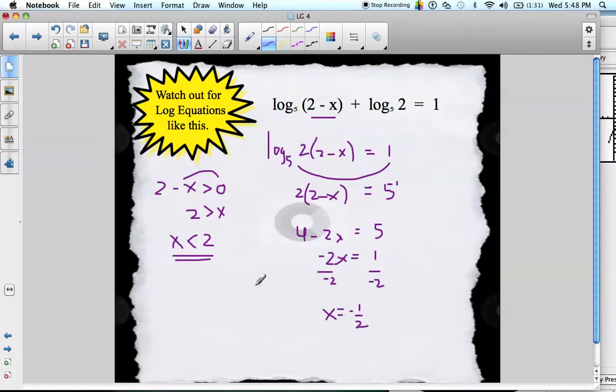And if you look at this, it fulfills our restriction because negative 1/2 is less than 2. So I'm happy. So this has a negative answer.